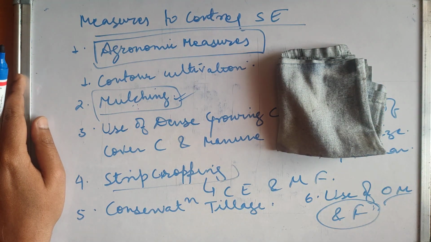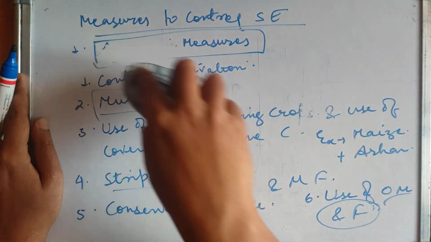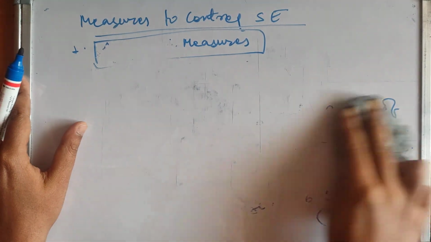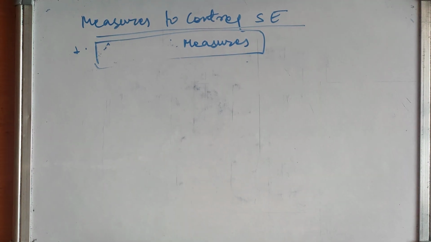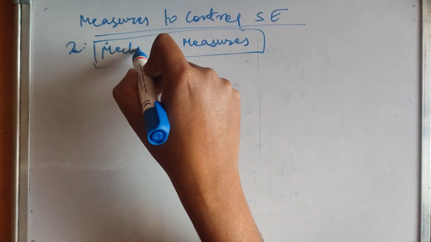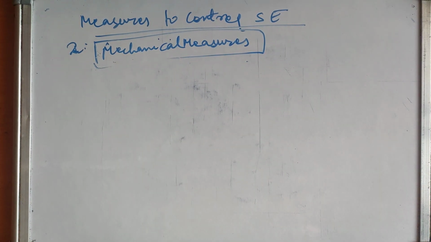Now moving on, what are the mechanical measures? Number two, mechanical measures to control erosion.